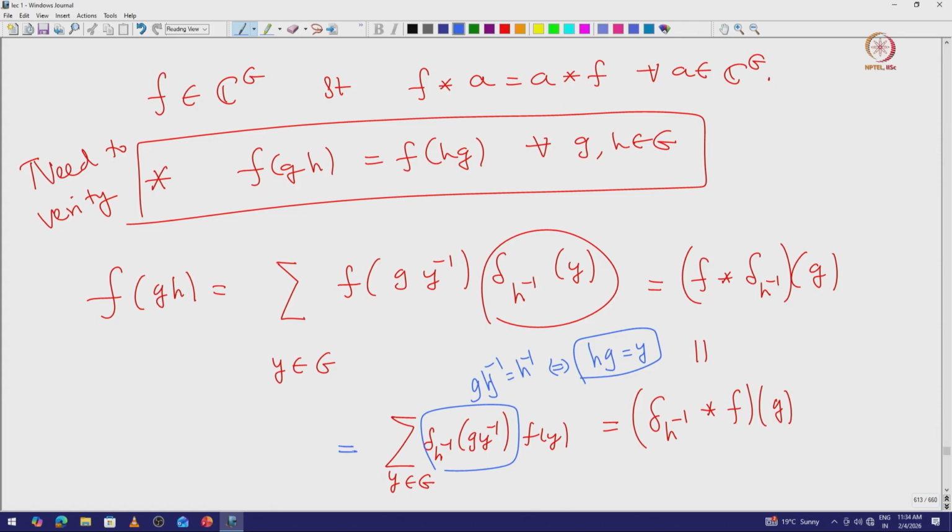So, this is exactly equal to f(h g). We started with f(g h), wanted to prove it is equal to f(h g), and that is verified. So, the space of class functions is indeed the center of CG, with respect to the convolution product.